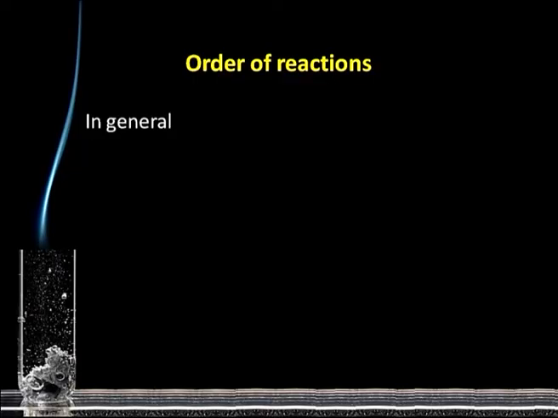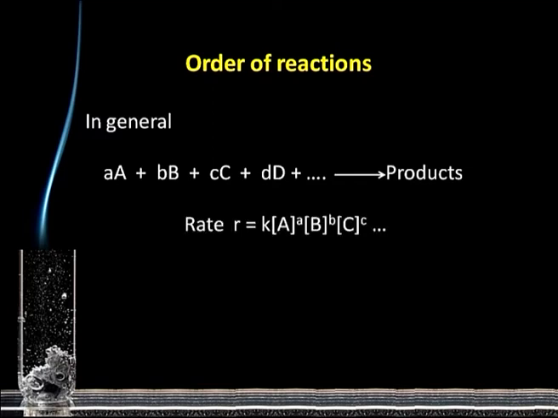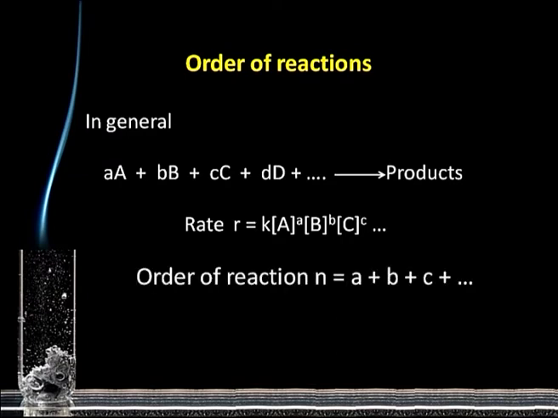Now, in general, we can write a moles of A plus b moles of B plus c moles of C plus d moles of D giving you products. The rate r will be equal to k into [A] raised to a, [B] raised to b, [C] raised to c, etc. So that the order of reaction n will be the sum of the powers to which the concentration terms are raised, that is a plus b plus c, etc.